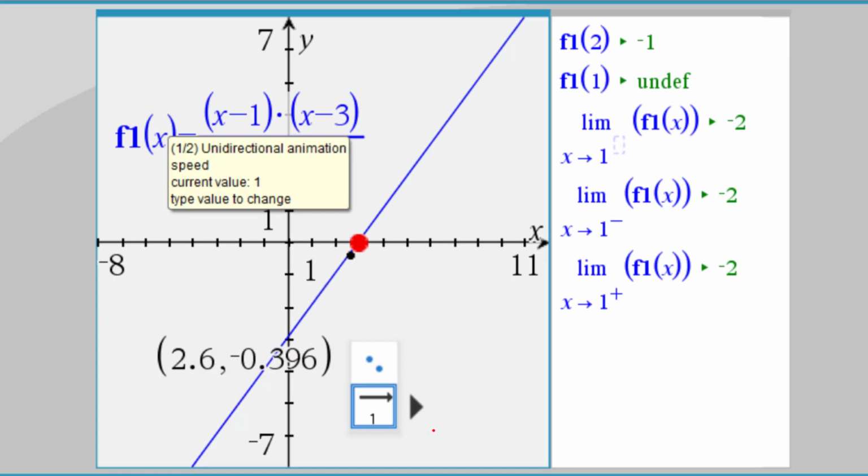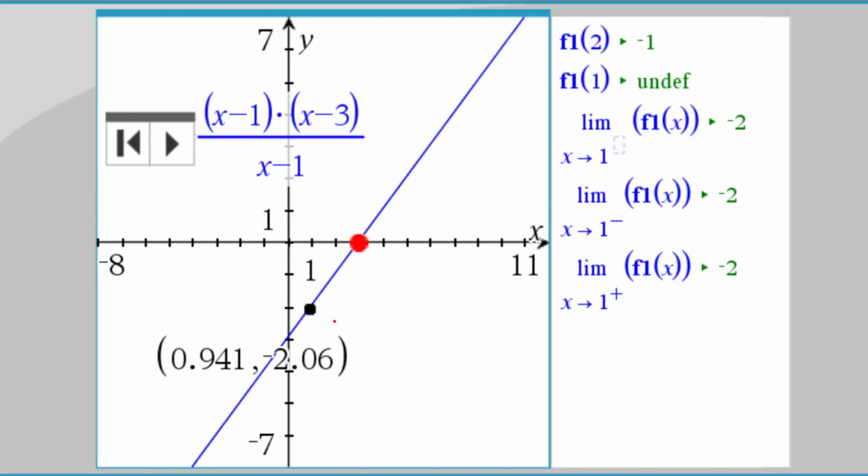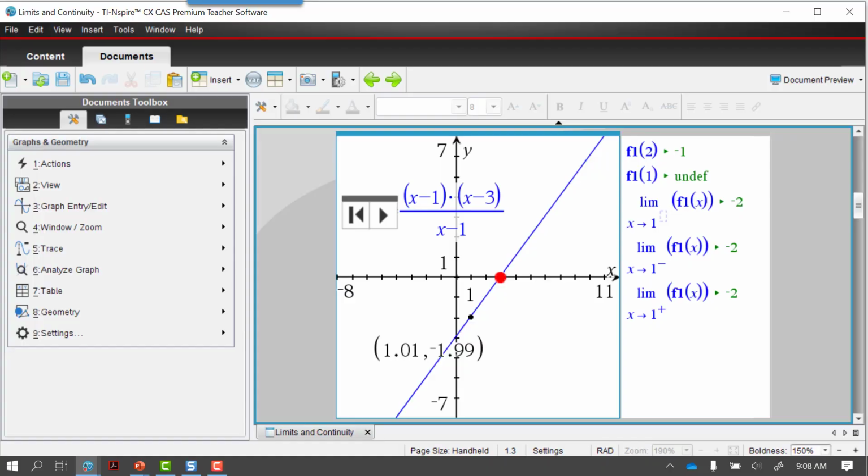When it gets to that particular point, it missed it because the step size was different. But if I stop that again and try to put that at 1, it won't let me go.